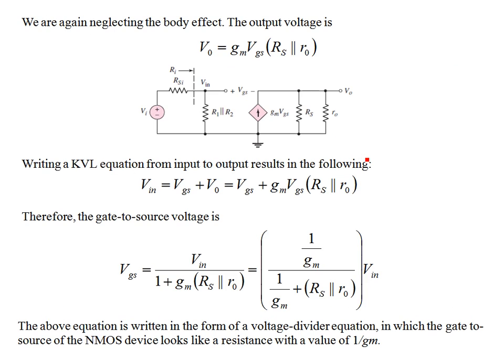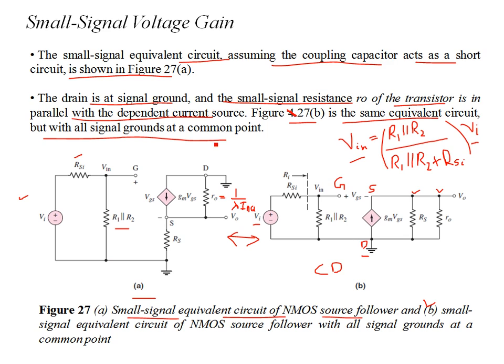Now, in this small signal circuit analysis, we are again neglecting the body effect. If you recall, in the body effect, we said that if the source terminal is not at ground and is not connected with the body, because the body of the MOSFET is at ground, and if they don't share the same common signal ground, then there's a small AC signal VBS, the bulk-source voltage, that develops between the body and the source.